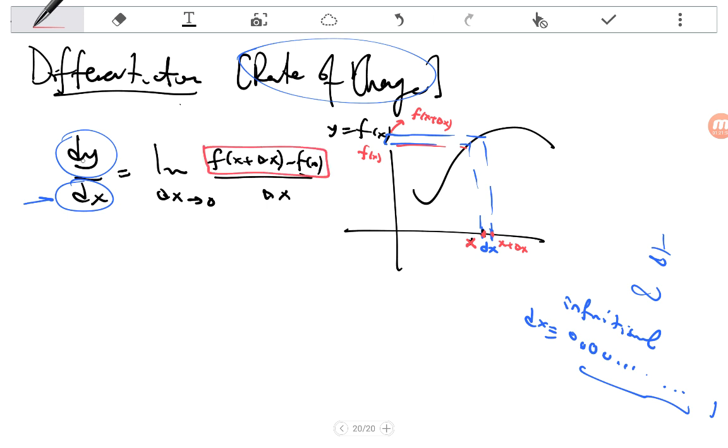That symbolizes dy, what happened in y, and this is what happens in x. What happened in x is dx; at first I call it delta x, and when delta x approaches 0, I call it dx. So the denominator will be dx, and above will be dy, the difference in y.